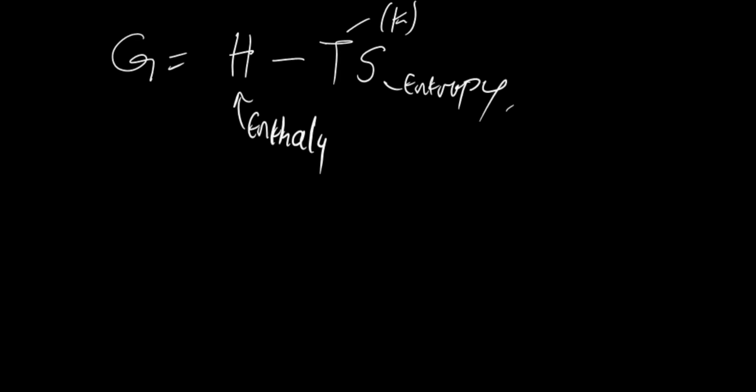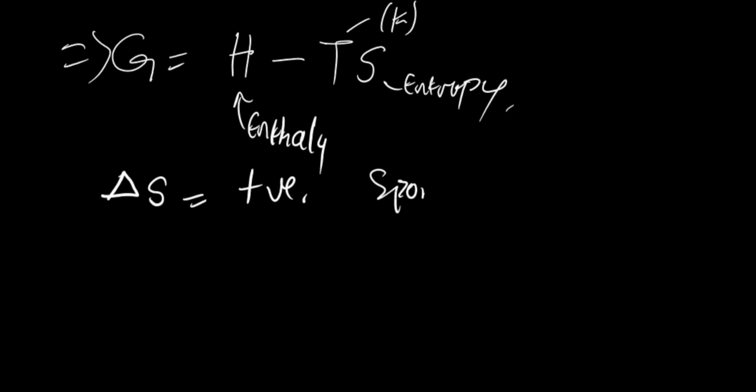Now, earlier we stated that in order to have a spontaneous reaction, the change in entropy must be positive. Fitting that into this idea of free energy, for a spontaneous reaction, free energy is equal to enthalpy minus the temperature times entropy.